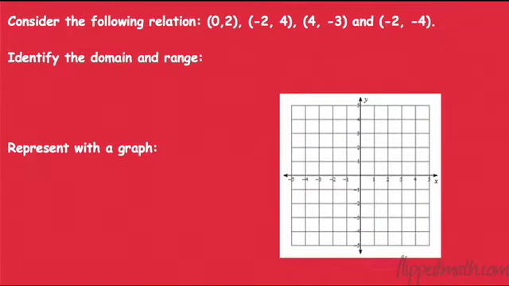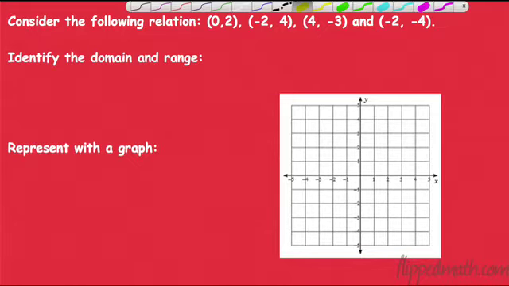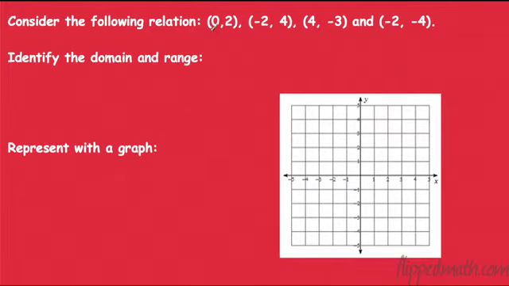So let's try one here. Consider the following relation. So remember, relation is just there's an input and then there's an output. There's an input, then there's an output. There's an input, there's an output, right? X and Y. Identify the domain and range. When you're given distinct sets of points, we like to use these fancy brackets here. Very, very fancy.